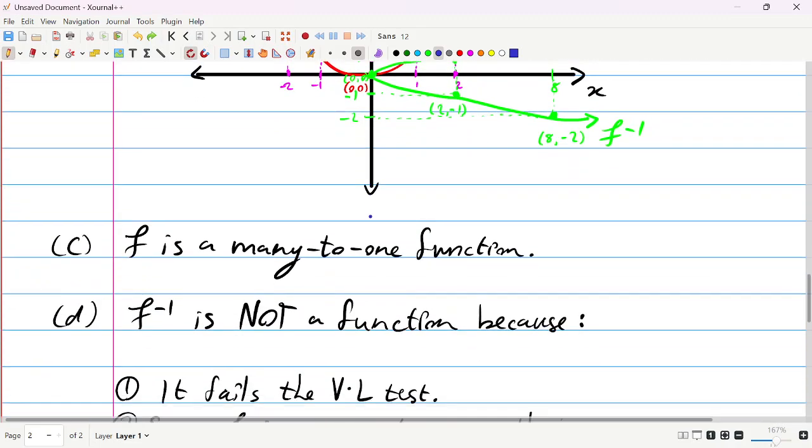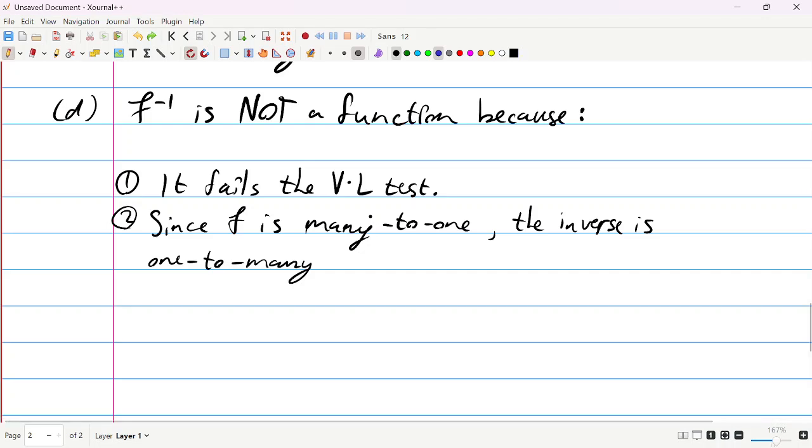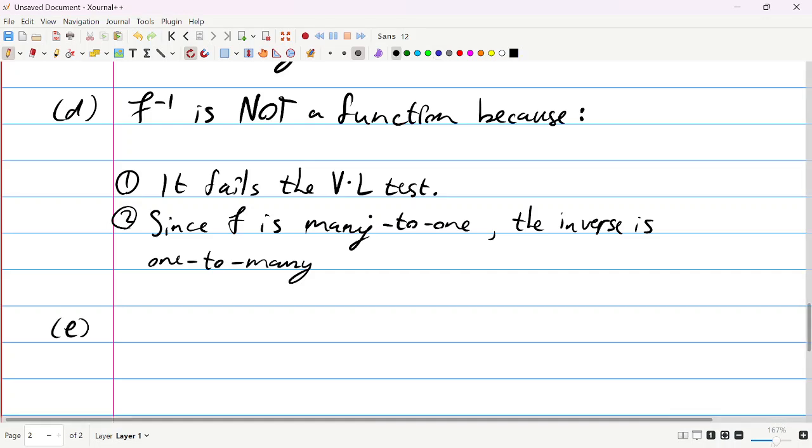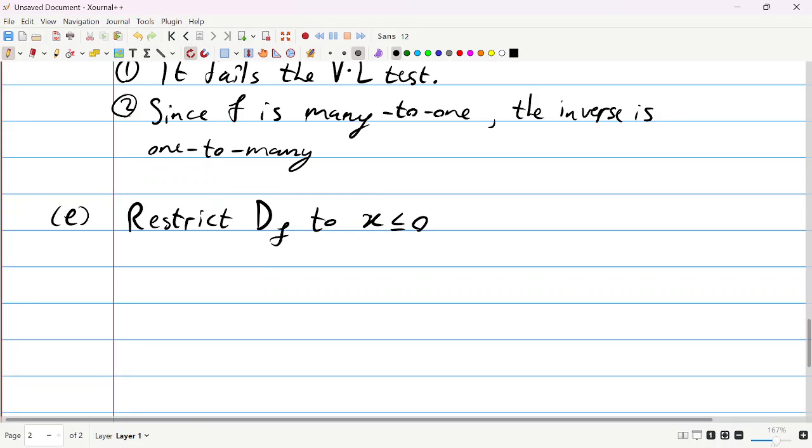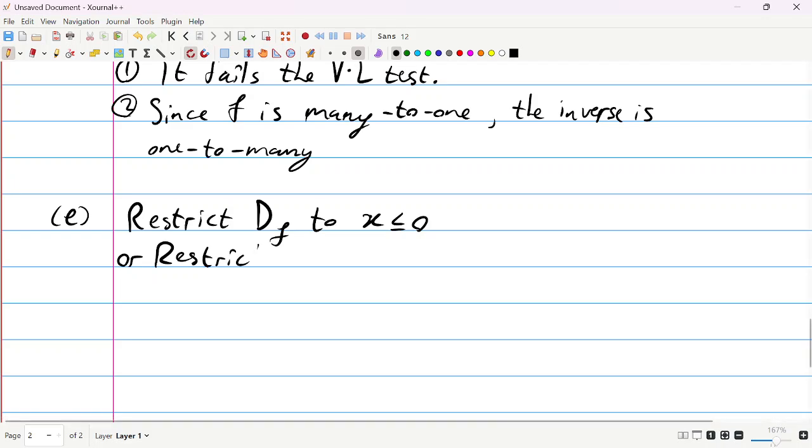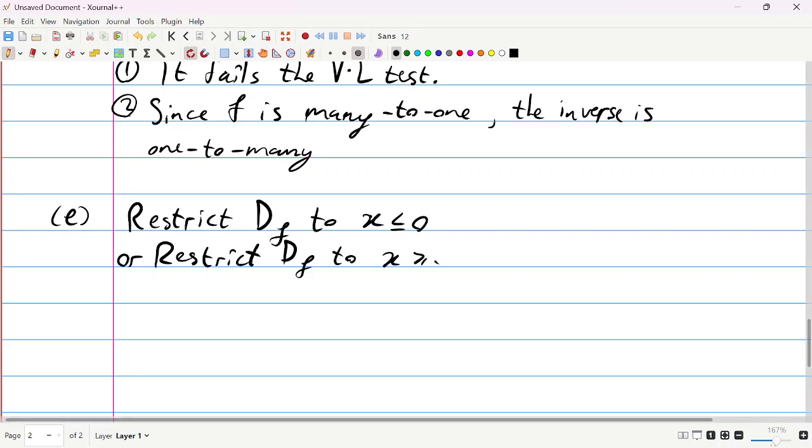So there's two ways you could do this. For part E, you could either restrict the domain of f to x is less than or equal to 0, so basically the left arm, or you could restrict the domain of f to x is greater or equal to 0.